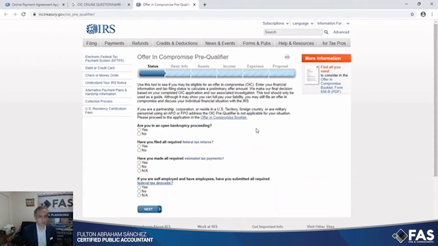There are a lot of questions here that you have to answer, and this will probably take between 10 and 15 minutes. There is the status, the basic information, then your assets, your income, your expenses, and the proposal. There is a lot of information.